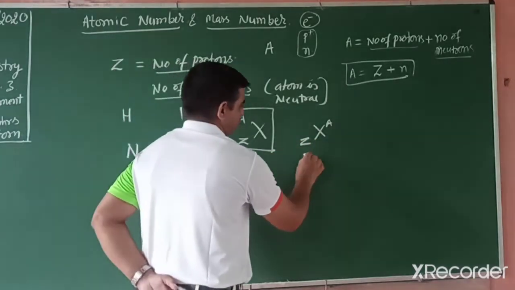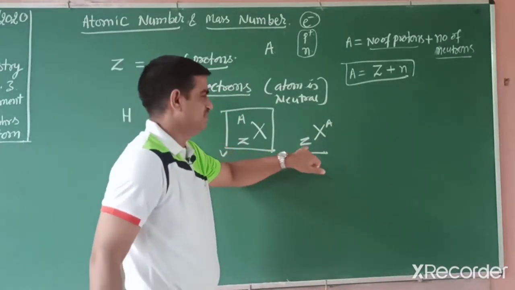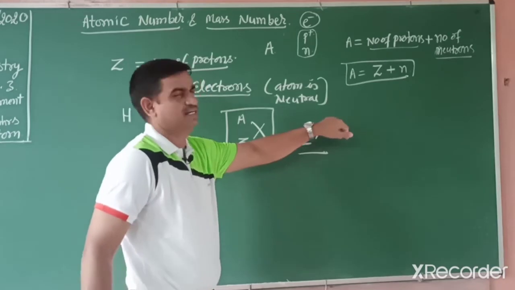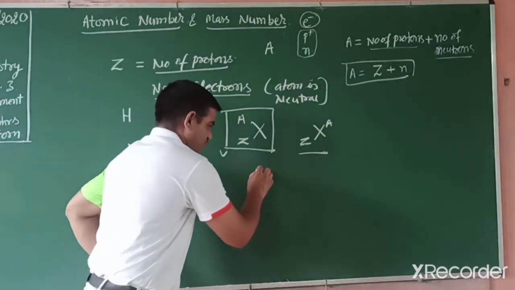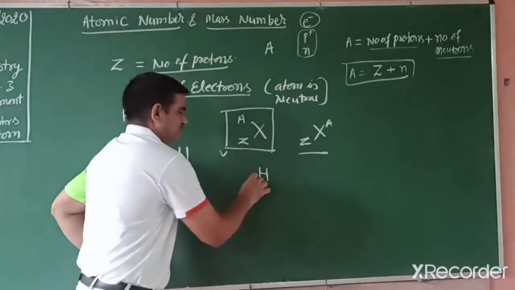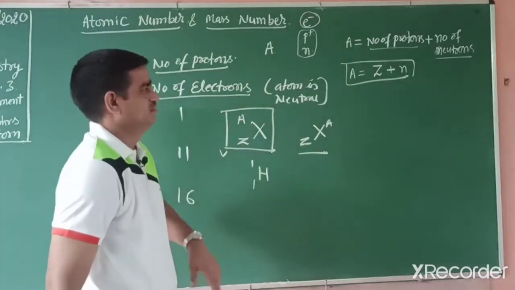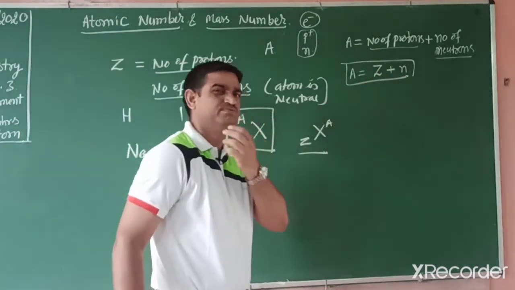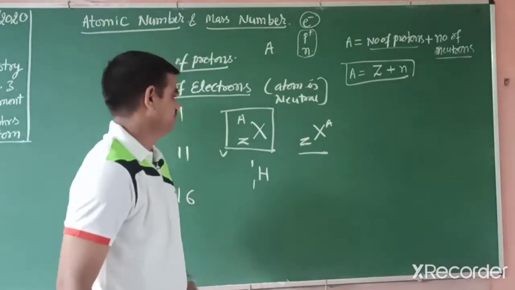The old system represents this side atomic number, this side atomic mass. For example, hydrogen: atomic number is 1 and mass number is also 1. Why? Because neutron is 0.